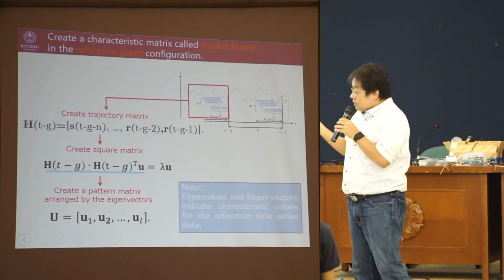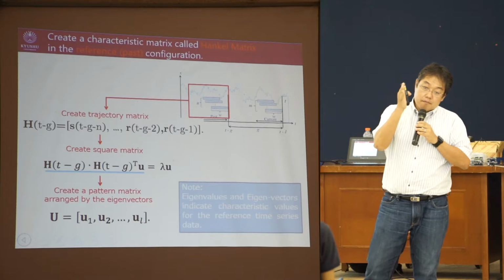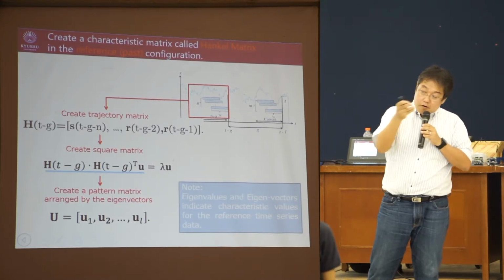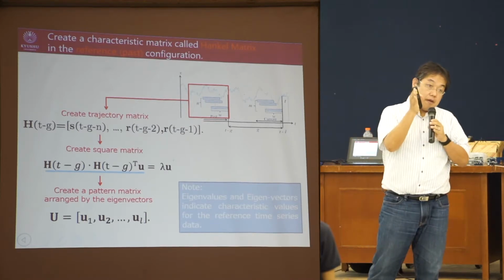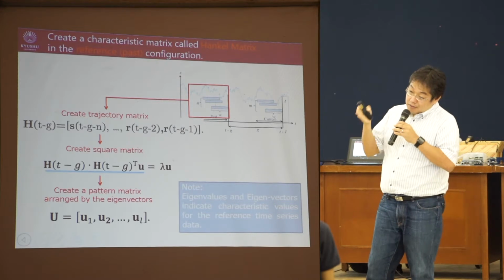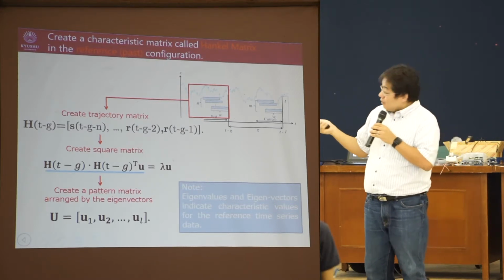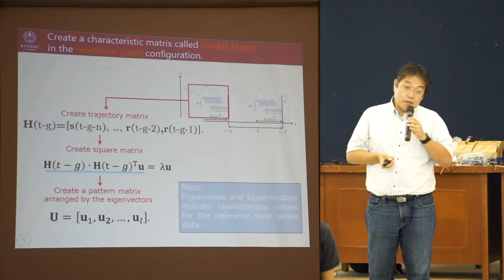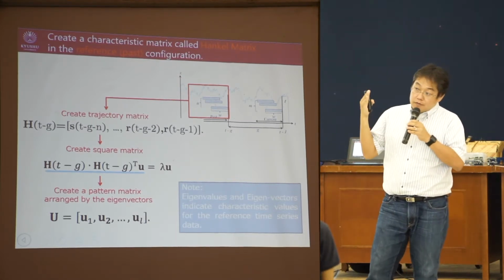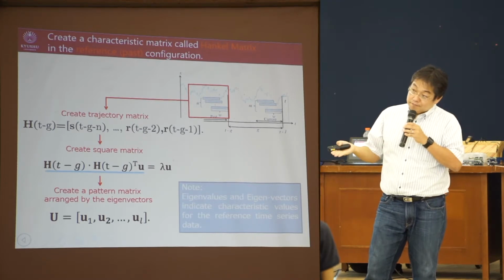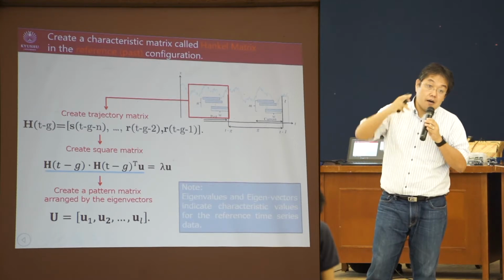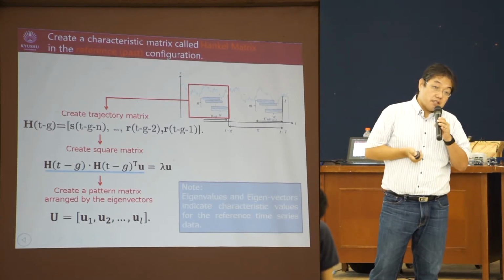If the eigenvalue of the third eigenvector is completely smaller than U1 and U2, in that case U3 is not important to estimate this pattern of the time series data.